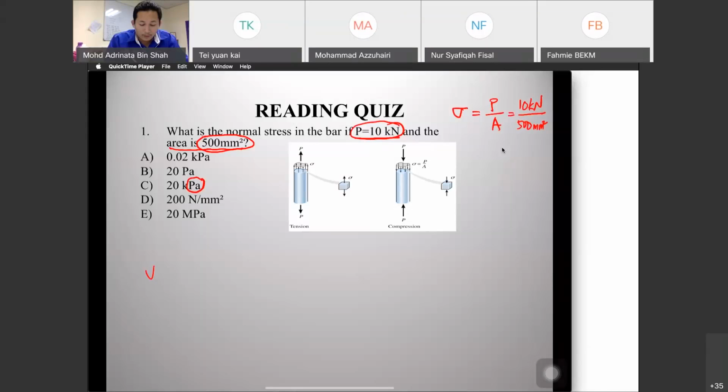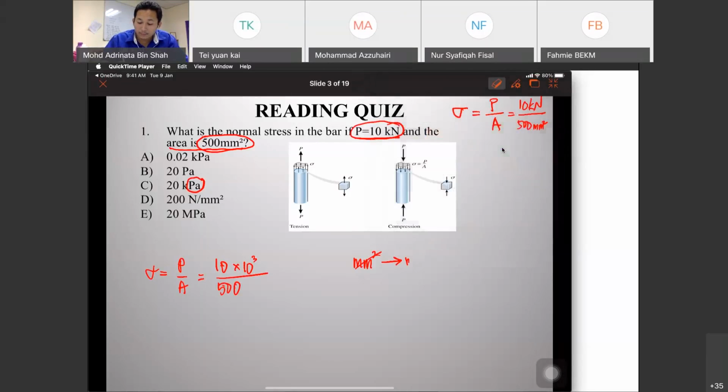So you have sigma equals P over A. P is 10 kilonewton. A is 500 millimeter square. So millimeter square to meter square. What do we need to do? Millimeter times millimeter gives millimeter square.